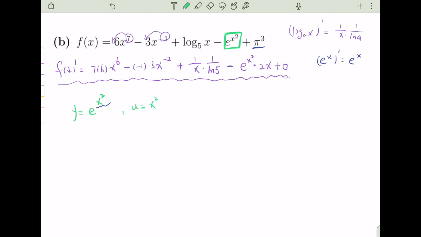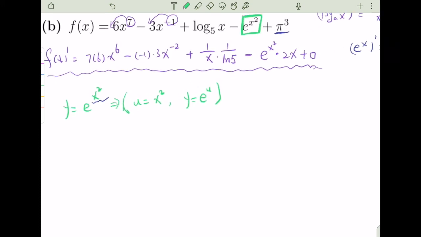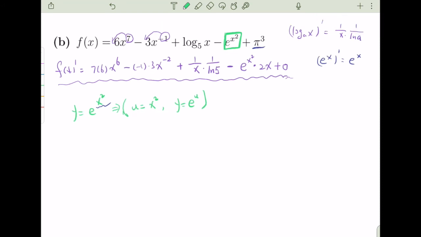So this way, I break down this function into two functions, u equal to x squared and y equal to e to the u. The advantage of doing that is that we can make use of the formula for each single expression here. For y equal to e to the u, we have the formula in our formula sheet, and for u equal to x squared, we can also make use of the formula.